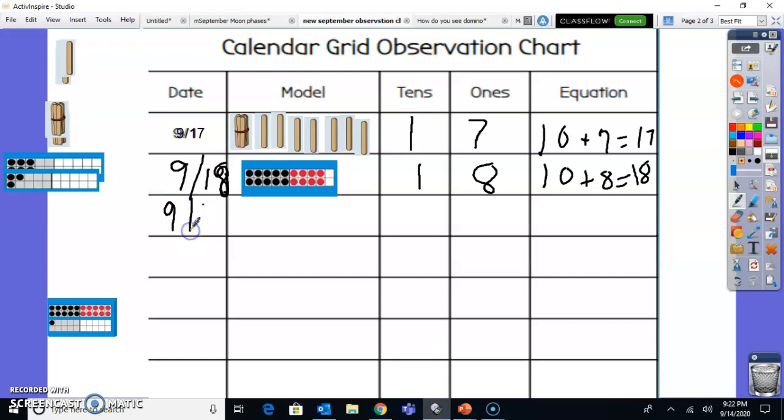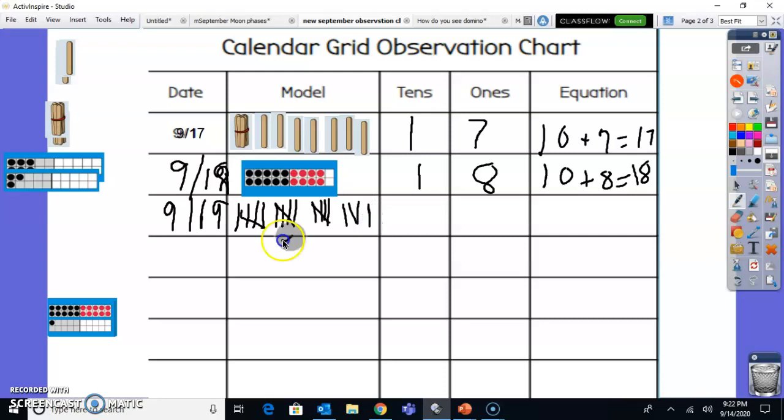Okay, so Saturday is 9, 19, and there's going to be not a great 9, I better fix that. There's going to be 19 tally marks, so help me out, count with me. 1, 2, 3, 4, 5, 6, 7, 8, 9, 10, 11, 12, 13, 14, 15, 16, 17, 18, 19.